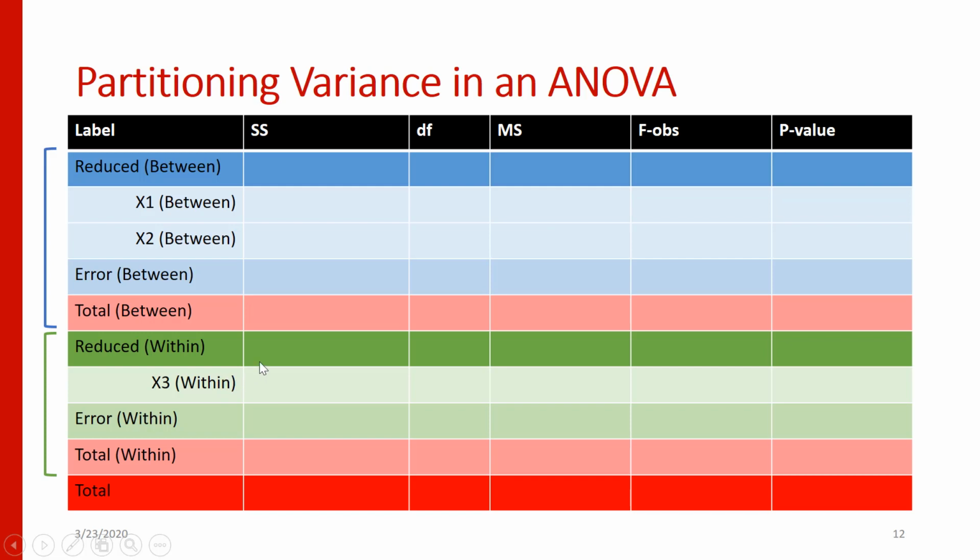Now, x3 feeds into the reduced within variance: how much of the within subject variance did we explain? x1 and x2 will both go into the reduced between subject variance: how much between subject variance did we explain? After explaining that variance, we're still going to have some error. So the sum of squared errors of the residuals will be the unexplained variance left at the between subjects level, but we'll also have a sum of squared errors of the residuals for the unexplained variance at the within subjects level.